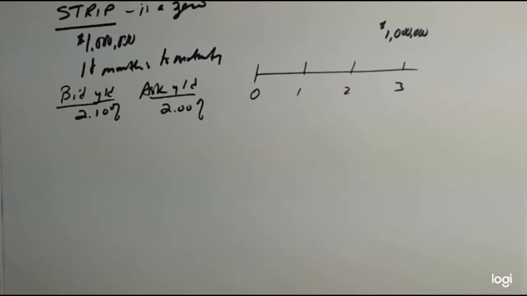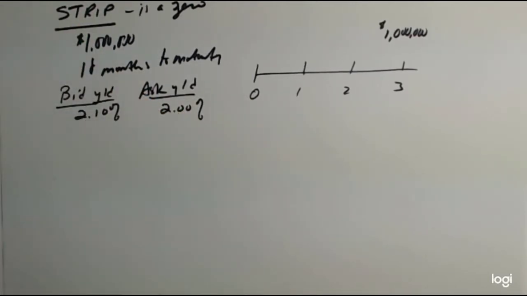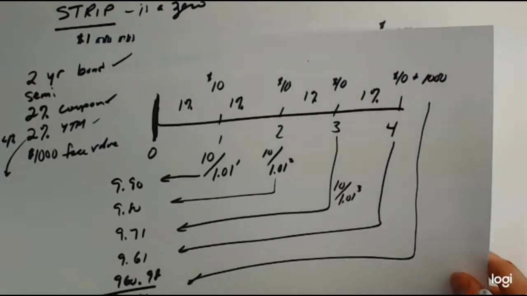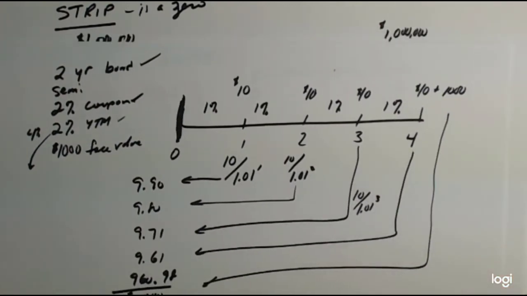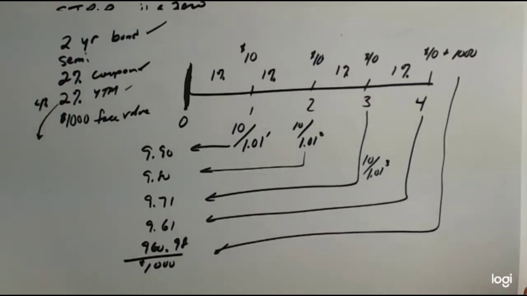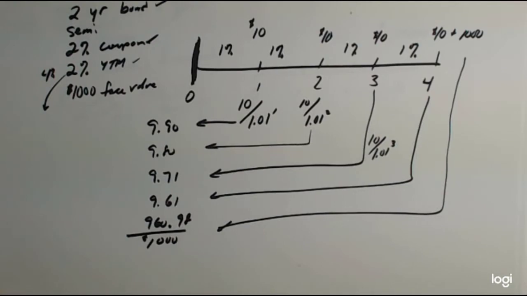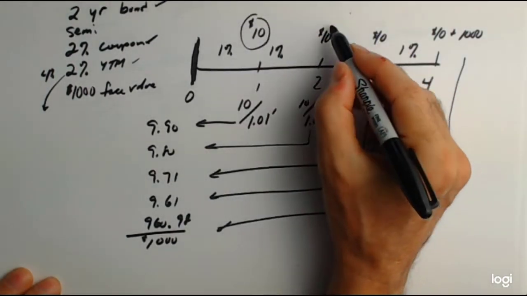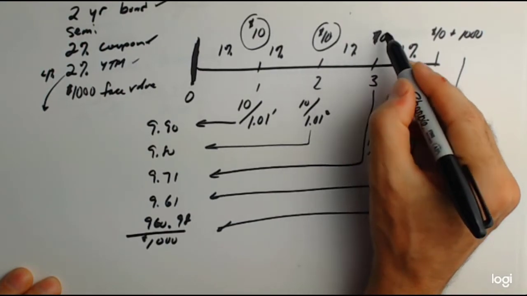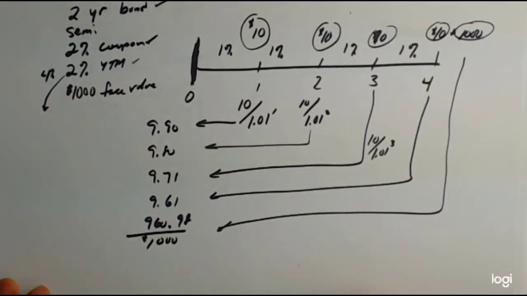Now, what exactly is a strip? Well, a strip happens when a financial institution takes a treasury bond like this, a coupon bond. Let me put this over here. So here's the coupon bond we just looked at, and here's the original coupons. And then here's the last cash flow for the principal.